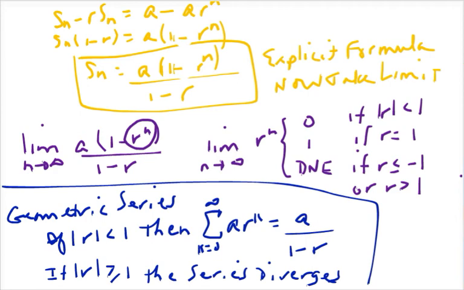If you have a geometric series and the absolute value of R is less than 1, then it's going to converge, and it converges to this value. If the absolute value of R is greater than or equal to 1, then it's going to diverge. And we'll work through examples in class.